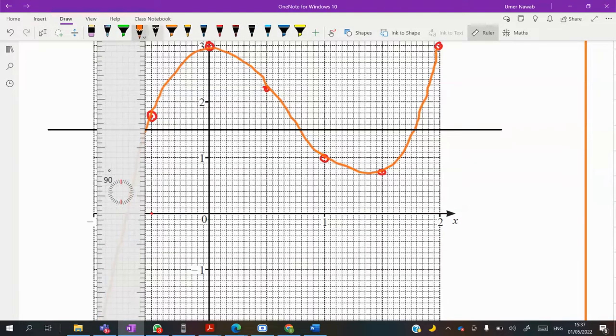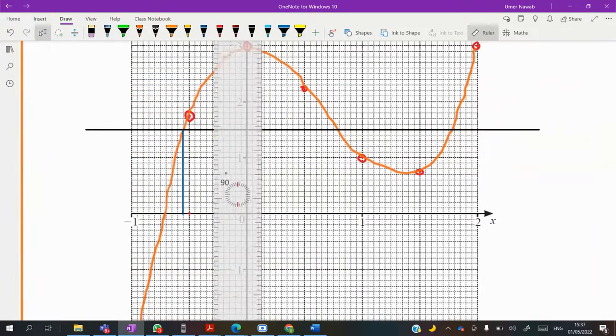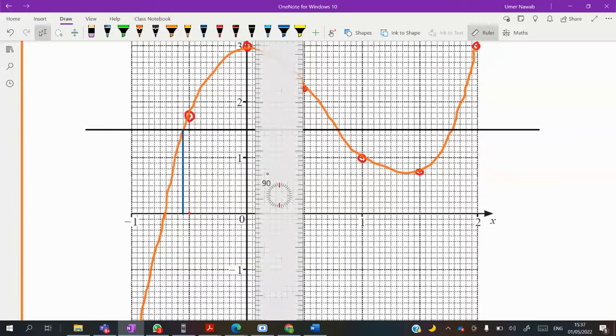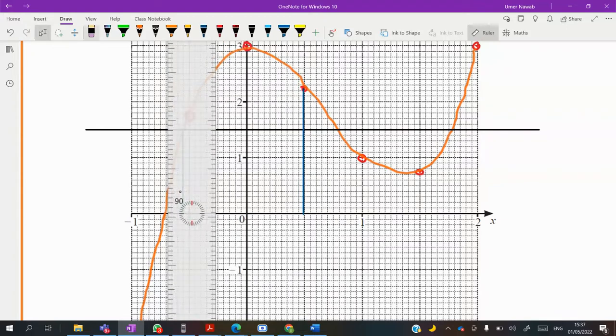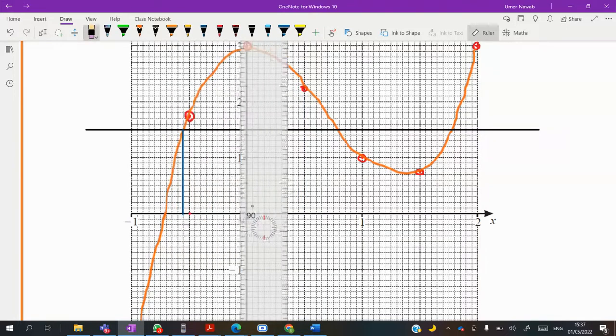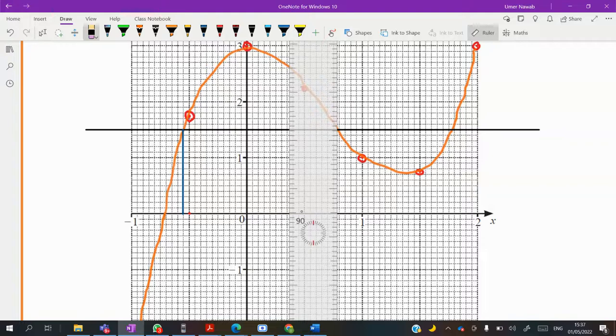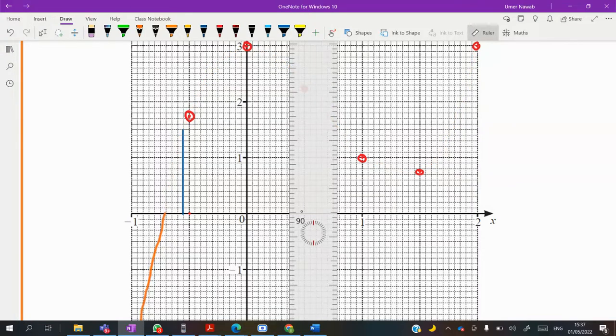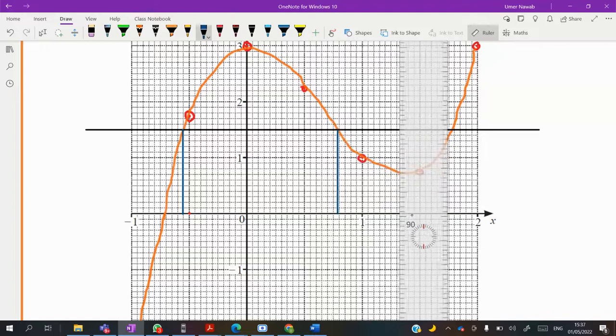Now I'm going to write my first answer. Here it comes. Second is this. Sorry, this. And then the third point of intersection is here.